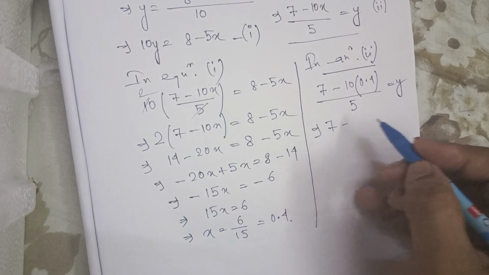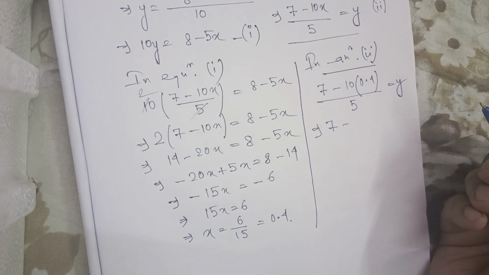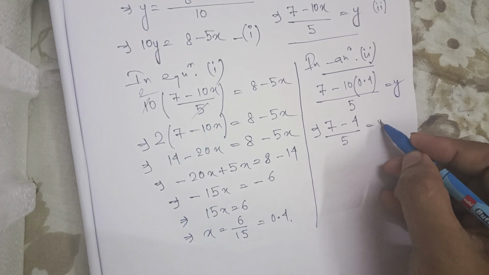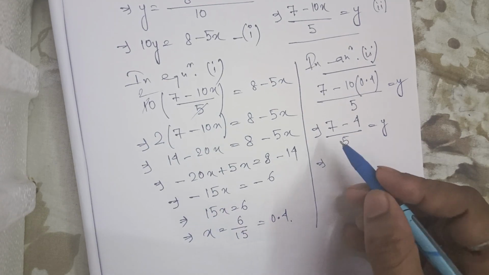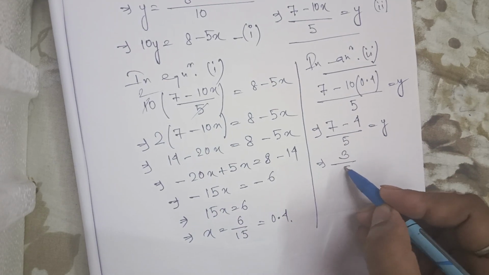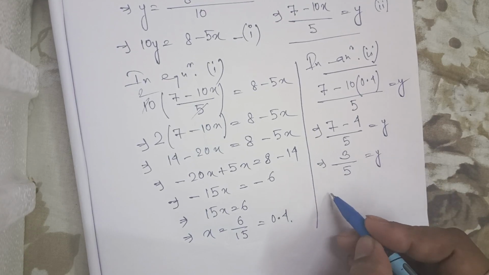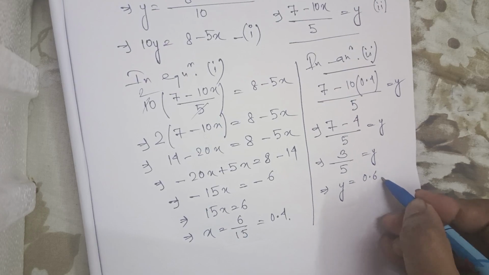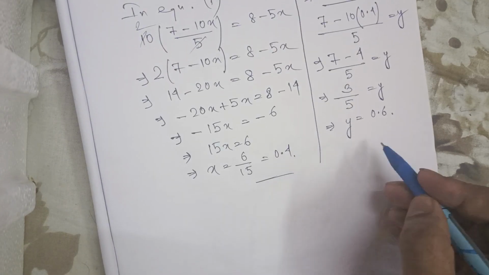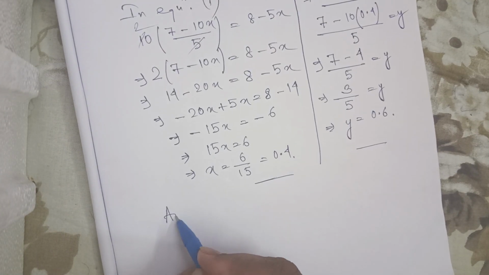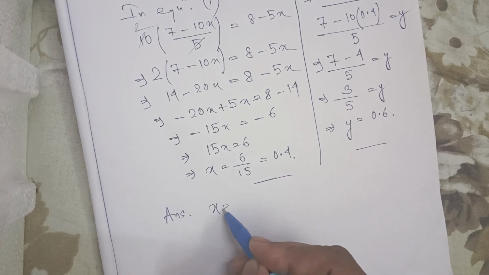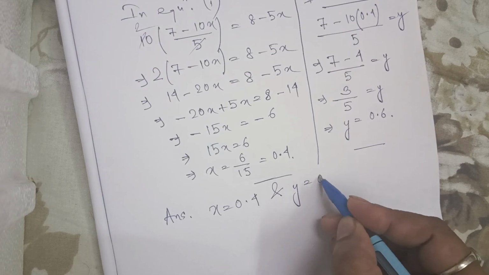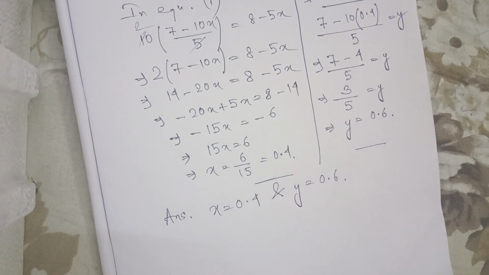So 7 minus 10 into 0.4, which is 4, by 5 equals y, and 7 minus 4 is 3, so 3 by 5 equals y. Now the value of y is 0.6. So see, we have already done it. So we can conclude x equals 0.4 and y equals 0.6.